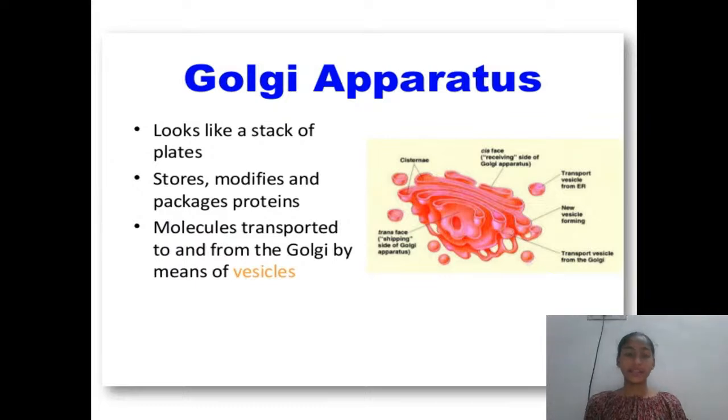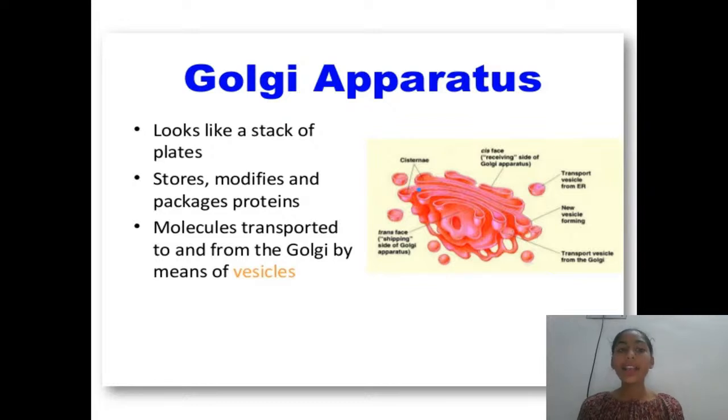Golgi apparatus. It looks like a stack of plates, right? It stores and modifies and packages proteins. Very easy. These sacs are used to store molecules or materials.